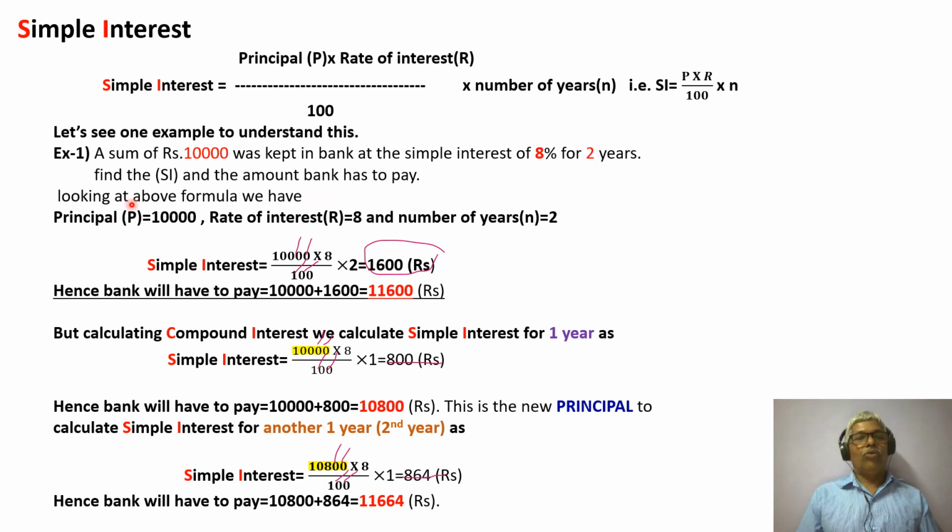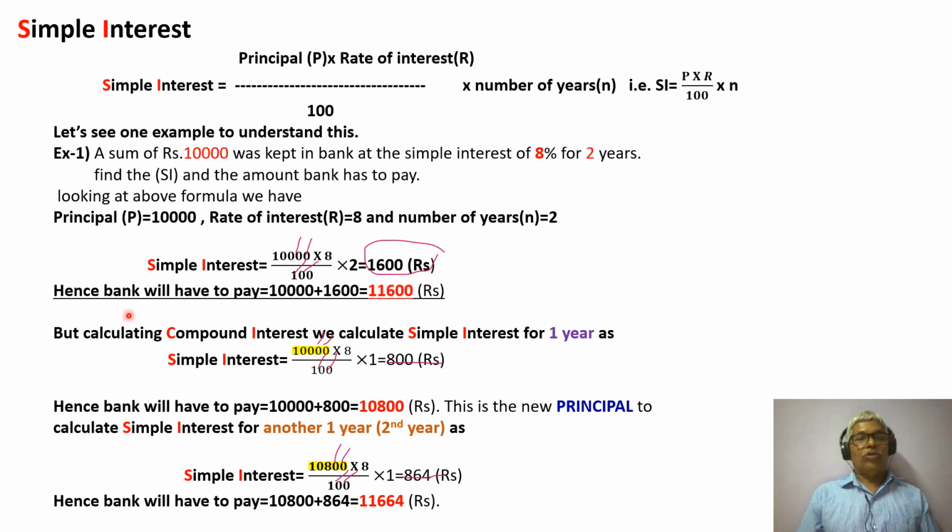Looking at the above formula, we have principal P is 10,000, rate of interest R is 8, and number of years is 2. Now we substitute all this in the formula, and we get simple interest equal to 10,000 into 8 upon 100 into 2, and cancelling all the zeros, we get 1600 rupees.